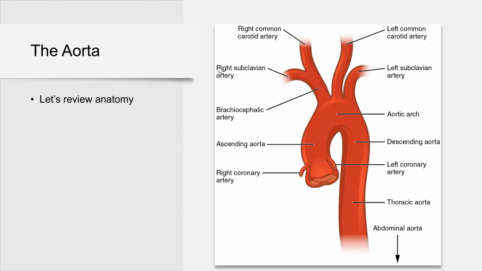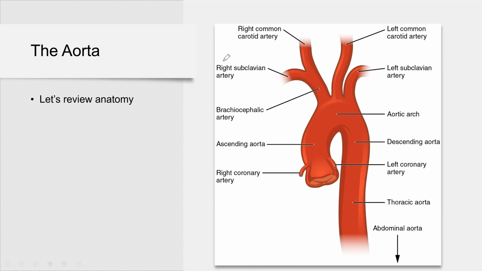I'm going to pick up my pen. So over here you would have the heart, right? So that would be a heart, and aorta begins at the left ventricle. Remember, atria are receiving chambers.